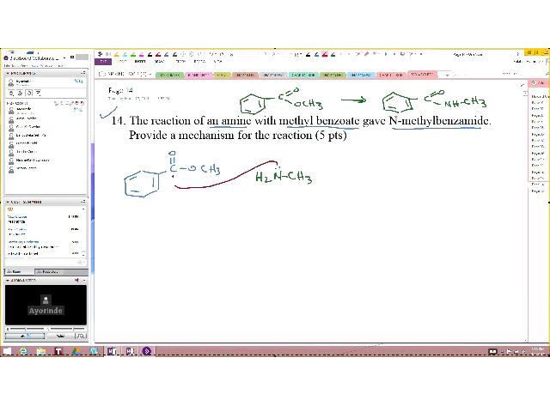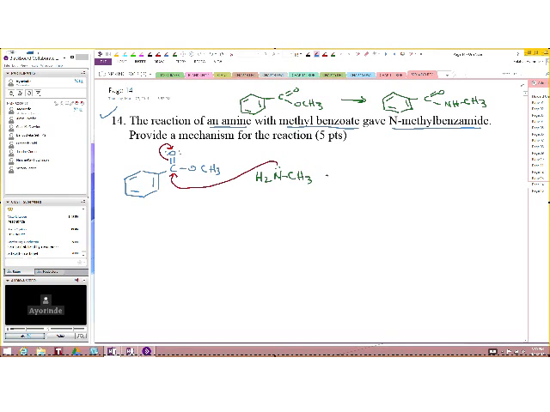Excellent. Keep in mind you need to show this arrow, and this arrow simply means that this pair of electrons is moving here to form a bond, and this nitrogen is going to form a bond with this carbon. So we are going to move this to oxygen. You don't want too many bonds on that carbon. Of course this oxygen has non-bonding pairs of electrons.